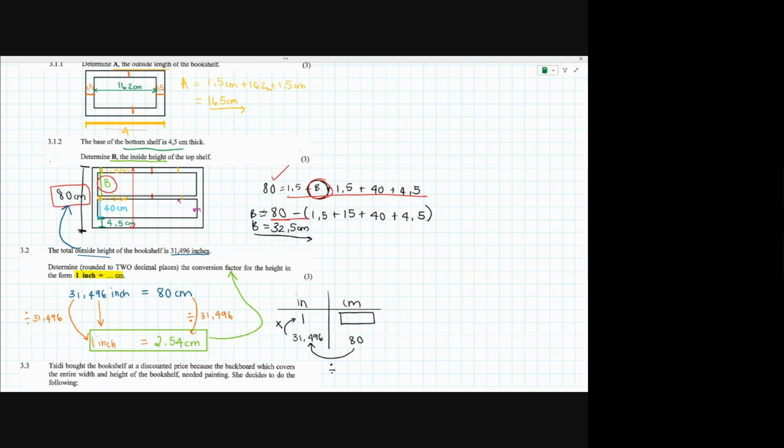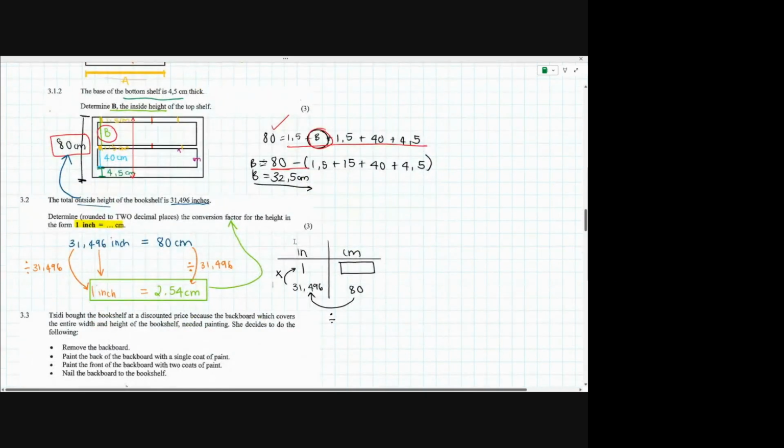It just means that you have to swap the trick. Instead of divide up times across, it must be divide across times up. And that will then give you your conversion factor. Yeah, okay, thank you. Sure. This is why I like this method so much, because it does work for so many different things. But again, if it doesn't work for you, don't use it.